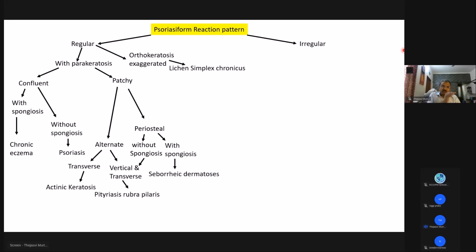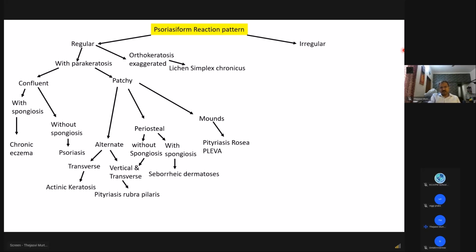Without spongiosis, you again go to the corneal layer and see if it is vertical and transverse, then it is pityriasis rubra pilaris. Now, if you're seeing mounds of patchy parakeratosis, with prominent Langerhans cells and spongiosis, it is pityriasis rosea or PLEVA.